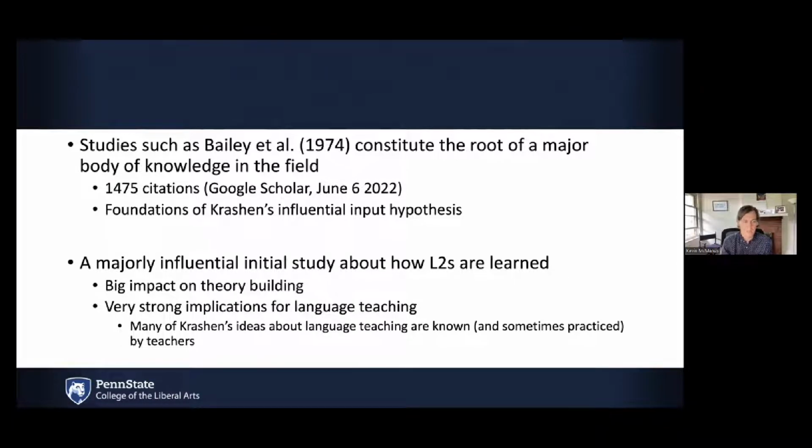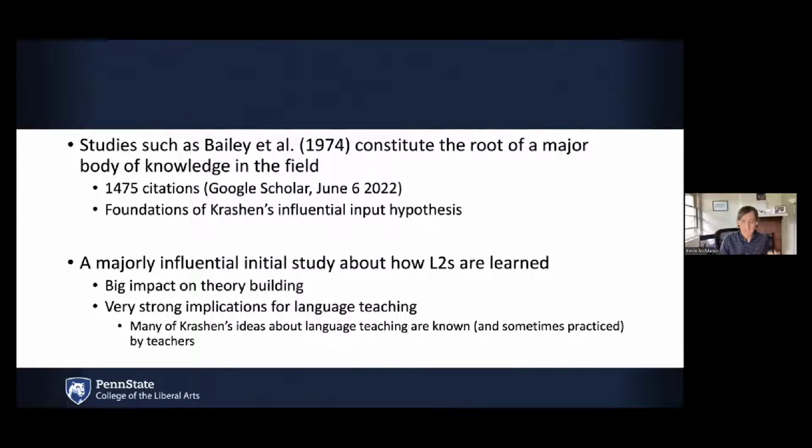I've said this, and you know this as well, that it constitutes a major root of what we know about how languages are learned. So I looked the other day on Google Scholar, and this single paper had 1,475 citations. It typically receives something around 100, 120 citations each year, right?